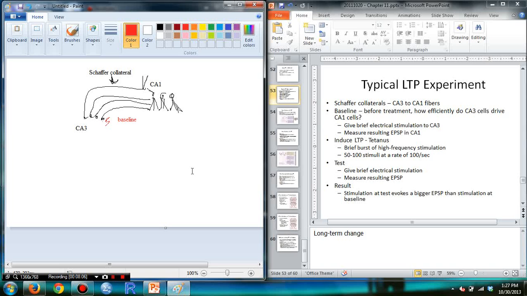In terms of our CA1 neuron, what that means is you'll see more excitatory postsynaptic potential in response to this same stimulation that you got at baseline. Because this is the same exact stimulation. So in other words, you have this cell, and this cell fires, right? So this is my terminal button, the end of my axon. And here's our postsynaptic cell.